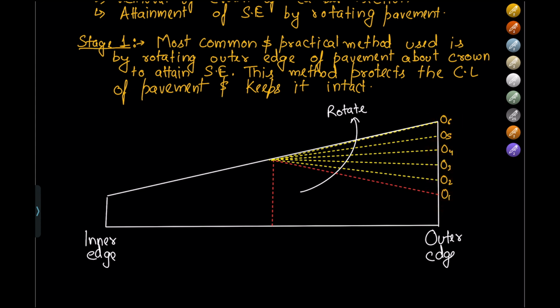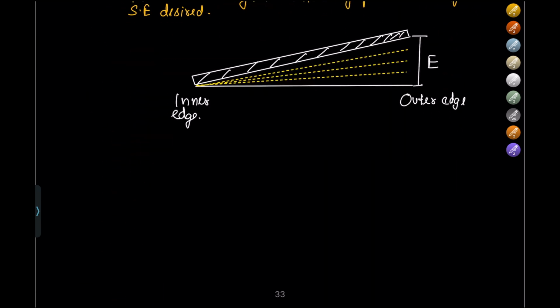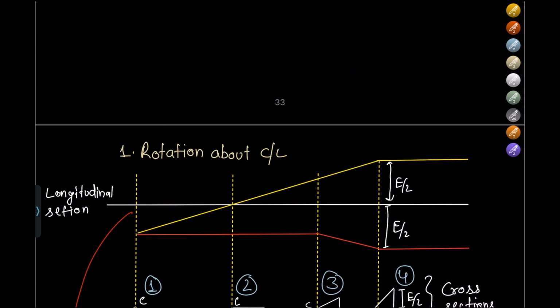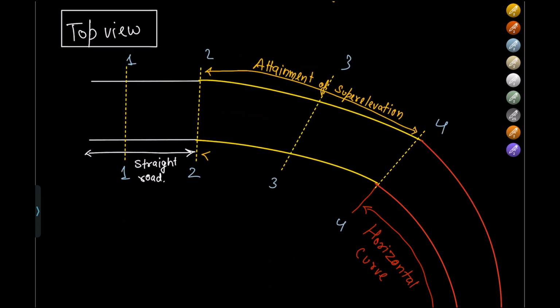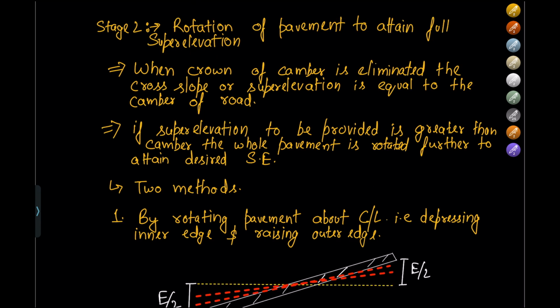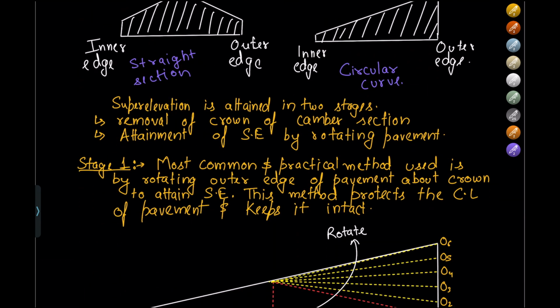As the road enters the, what do you call it, superelevation, transverse curve or transition curve. It is known as the transition curve.